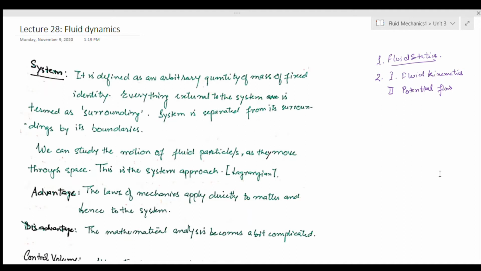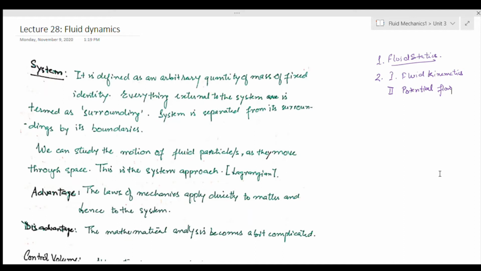Further, within part 1, we moved forward to stream functions and potential functions. And we came up with these while we were discussing compressible or incompressible flow, and we said that you can know if a flow is compressible or incompressible by looking at volume dilatation, volumetric deformation, or divergence of velocity.